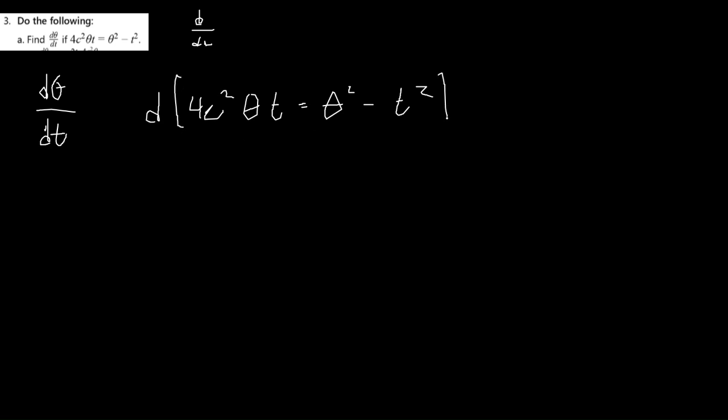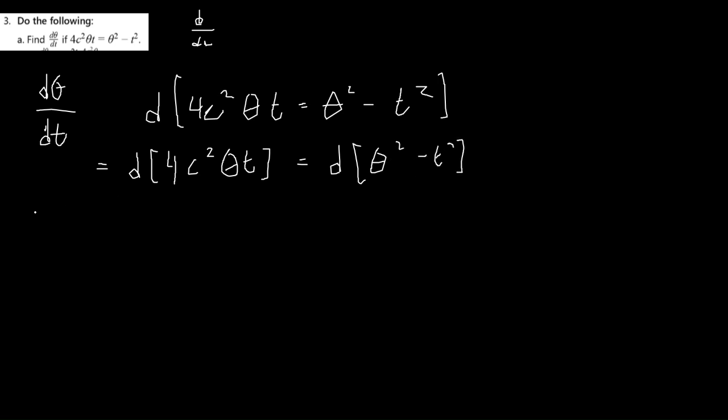Okay, so after this, once again, we find the derivative of each side of the equal sign. So the left side, the derivative of 4c squared theta t equals the derivative of theta squared minus t squared.